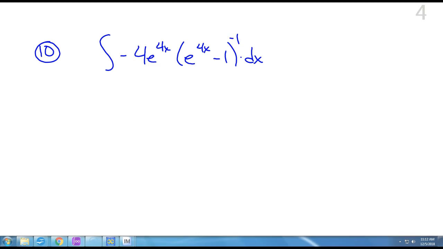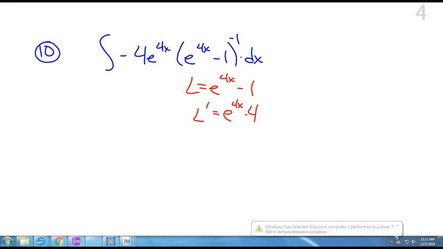Okay. So that's my little guy, right? So it's like something being done to it. That's my big guy. So little guy equals e to the 4x minus 1. Little guy prime would be e to the 4x times 4. So I'm close. What's something I have to change? The negative sign. If I put a negative in here to cancel it, what am I going to have to put out here?